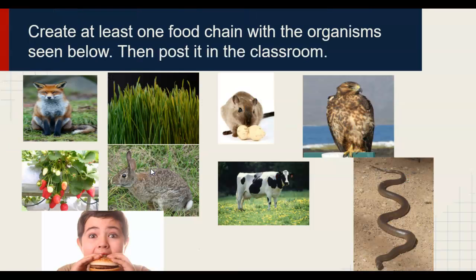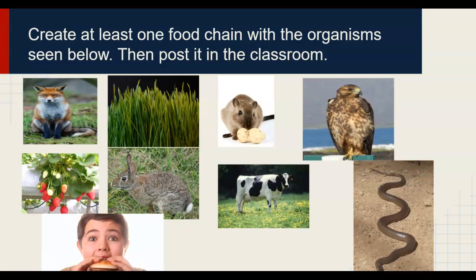Create at least one food chain with the following organisms. So you could take any of these and make your food chain. So let's go ahead and make one. So if we do grass to cow to little boy eating the hamburger, there's a food chain.